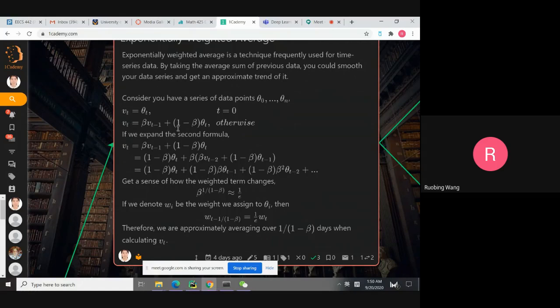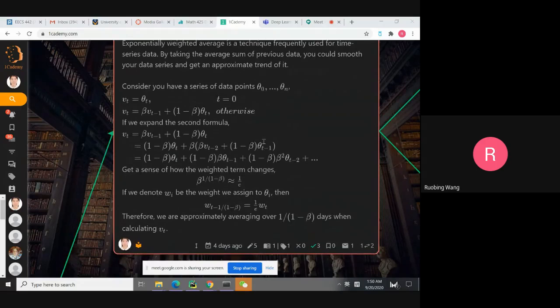And for the other data points, you get a weighted average of v(t-1) and theta t. And beta here is a parameter from 0 to 1. In practice, we will assign it a very large value, like 0.9 or 0.98.